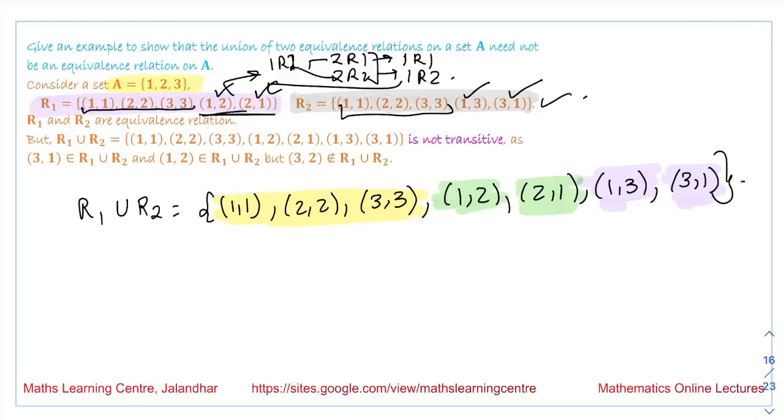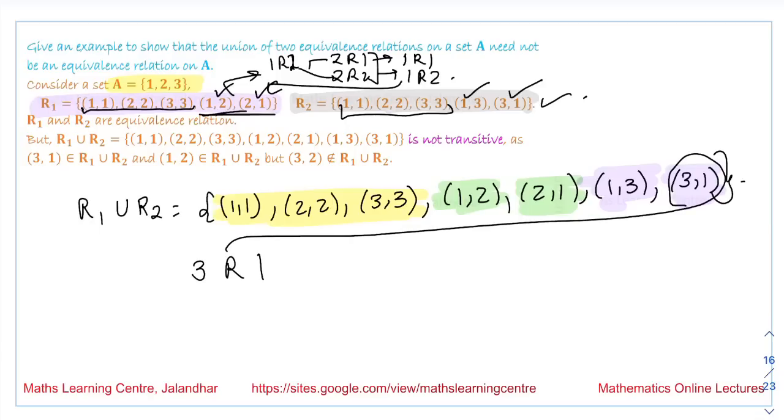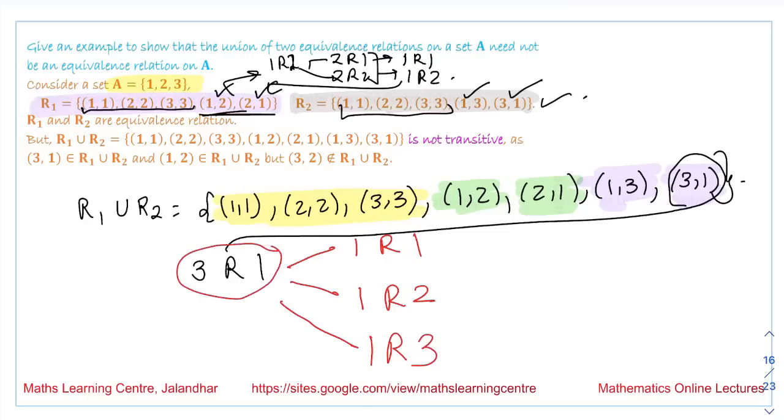But if we look at the element, I am talking about 3 is related to 1. I am talking about this element over here. Corresponding to this, we have 1 is related to 1 and another element is 1 is related to 2 and 1 is related to 3. After this, you are seeing 3 is related to 1. After this, we have these three cases.